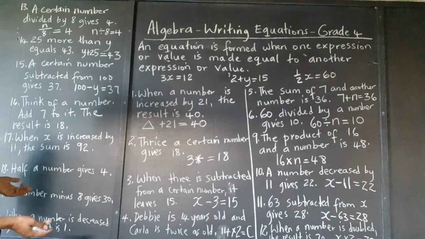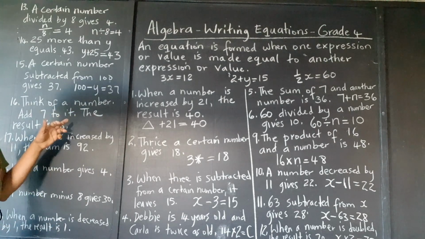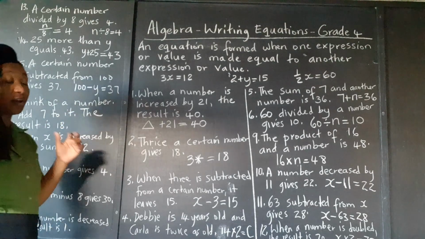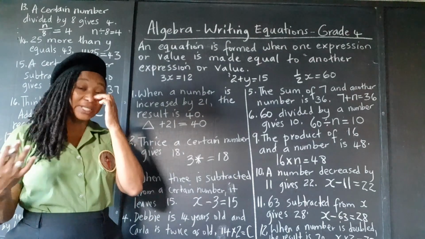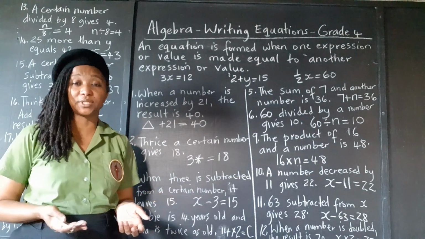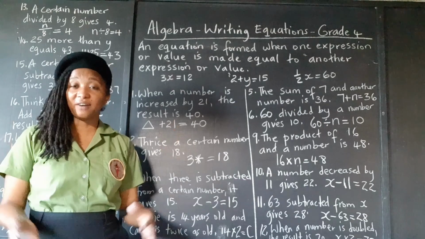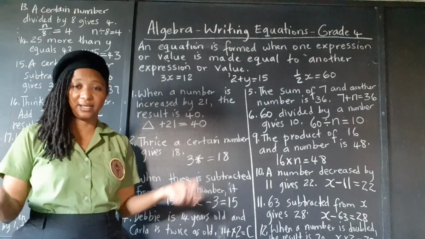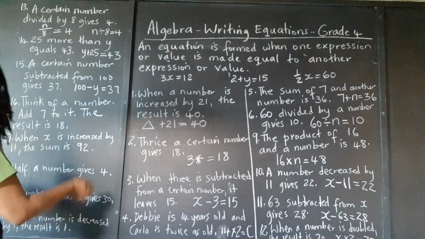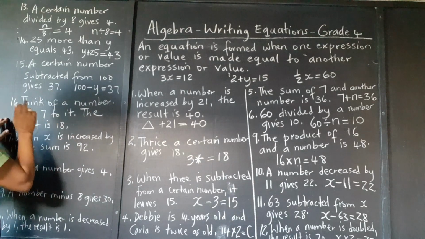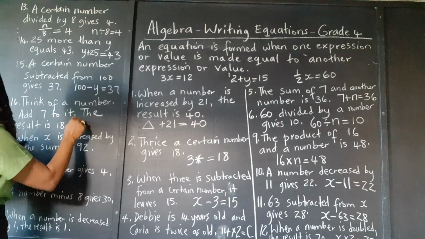Number 16, think of a number. So as soon as you hear think of a number, just choose a letter or symbol that you're going to use to represent that number. Think of a number, just say X, N, A, whichever letter you want. So think of a number, add 7 to it. So I'm thinking of a number.